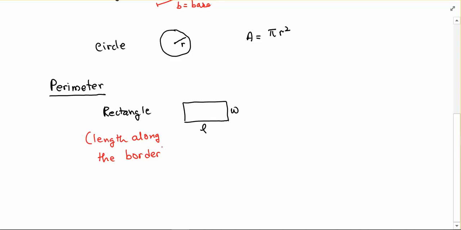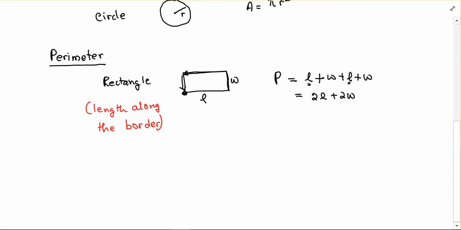So imagine you are walking along the border of this. How far would you walk? That's perimeter. So P, perimeter, would be, well, if you started here, 1 L, and then you'd go up this way, that would be a W, and then you'd go back that way, and that would be another L, and then you'd come back to where you started. That would be a W. And so if you combine like terms, that would be 2L plus 2W.